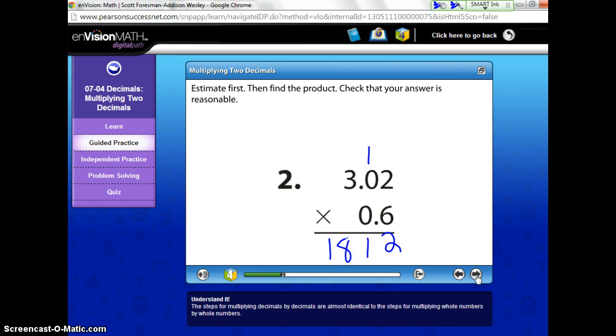No. Okay, but before we can say this answer is finished, how many spots to the right did this one move? So all together down here, 1, 2, 3, right here. 1.812. That's 1 and 812 thousandths.